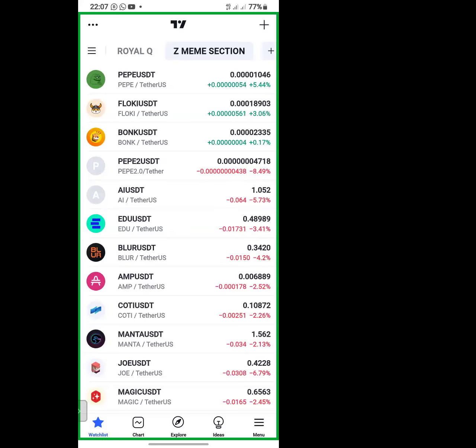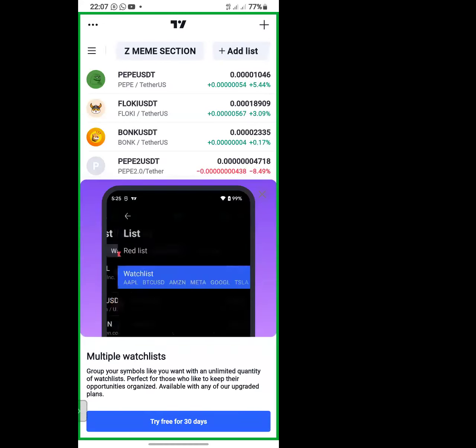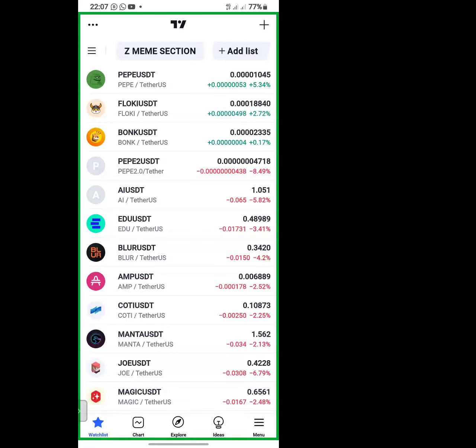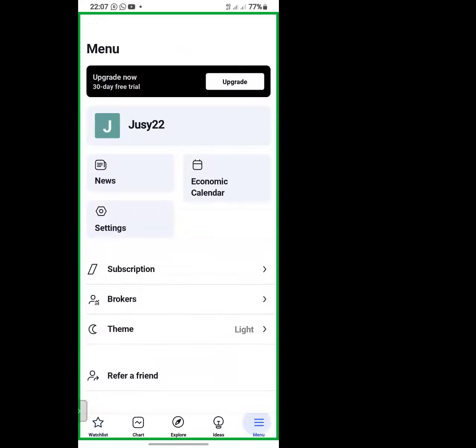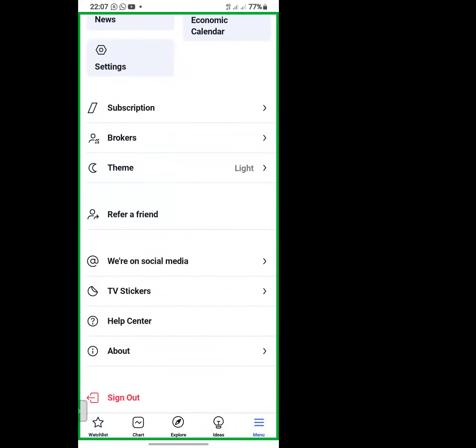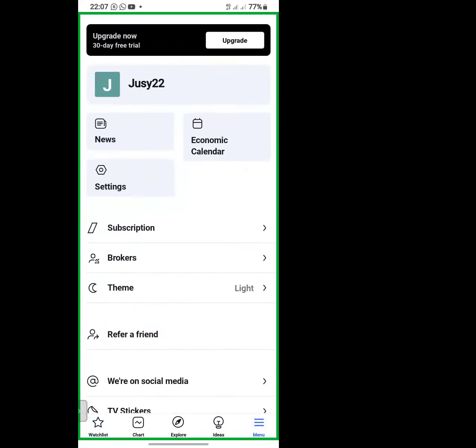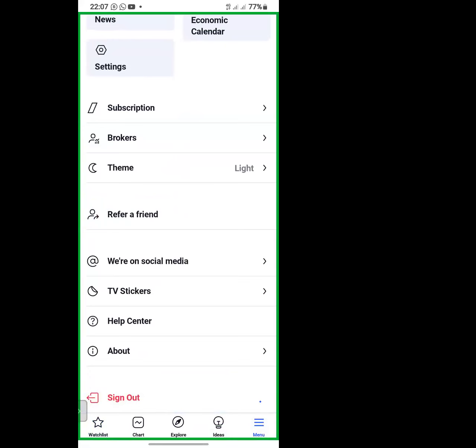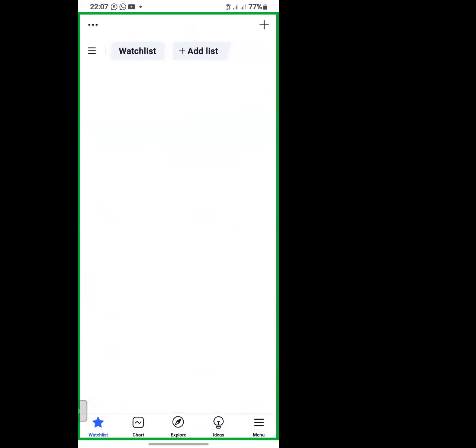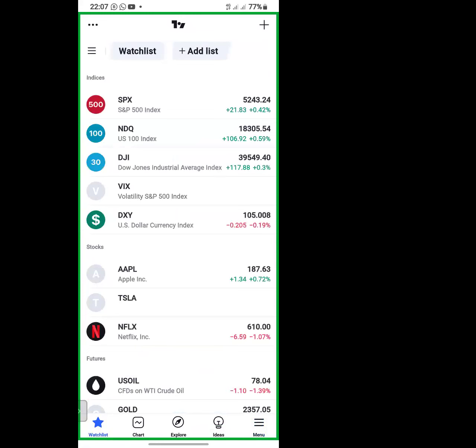When I talk about watch lists, it's where we put these coins, the currencies. So this is TradingView. Whenever you open your TradingView, I don't know if I can log out of this account and get another one, because I've got several. When you open your TradingView, this is how it is going to appear. That's the first page.